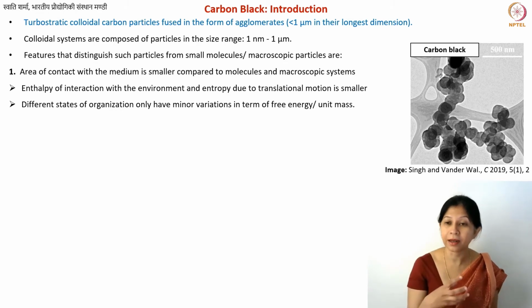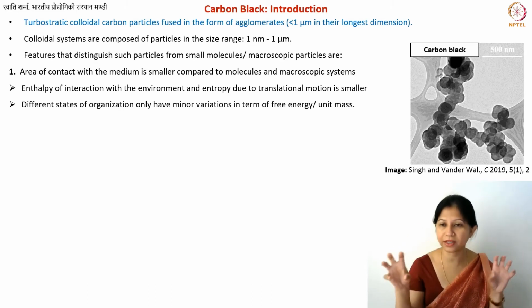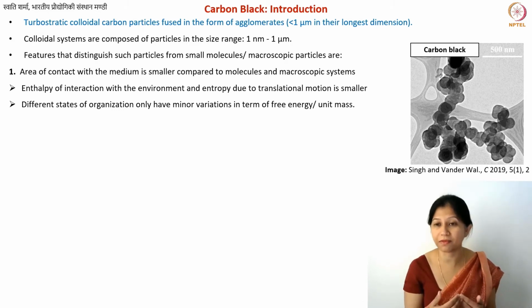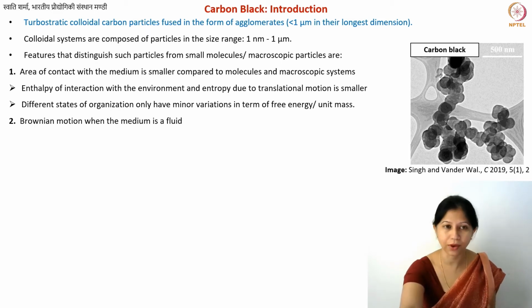That is the reason we consider these individual 1 micrometer scale particles as our individual particles, because they have pretty much the same surface energy and the same properties, even if there is a small variation in the organization of particles within the system. Okay, so that is one thing that differentiates it from small molecules.